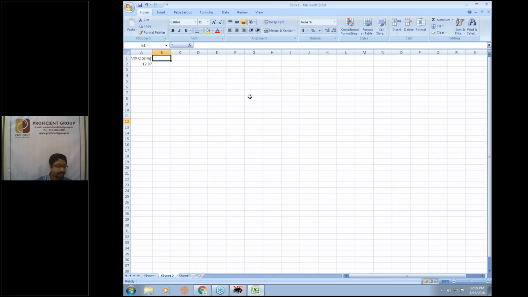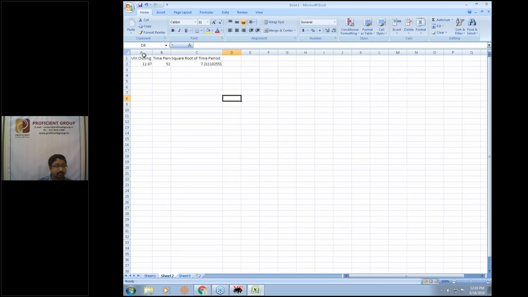So in this case, we will create a time period which is 52 weeks, and we will take the square root of that time period. The square root of 52 is 7.211.